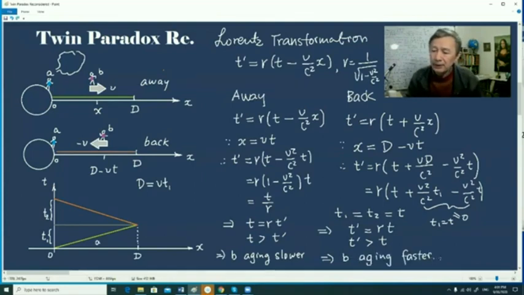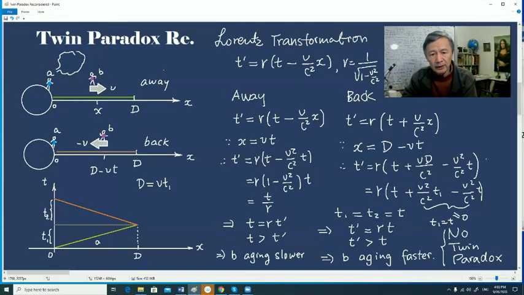So what does that mean? It means there's no such thing as a paradox. No twin paradox. The important conclusion here is that there is no such thing as the twin paradox if you use the special relativity property.